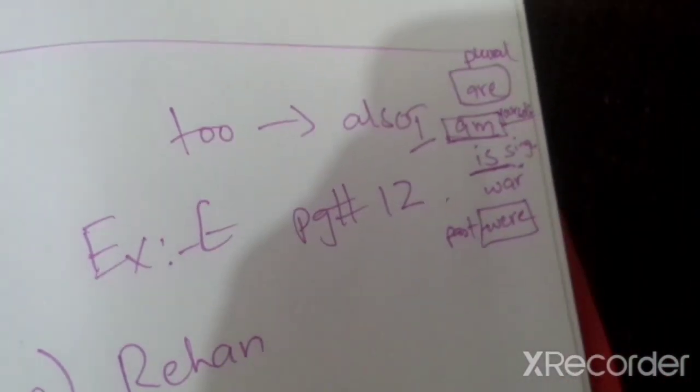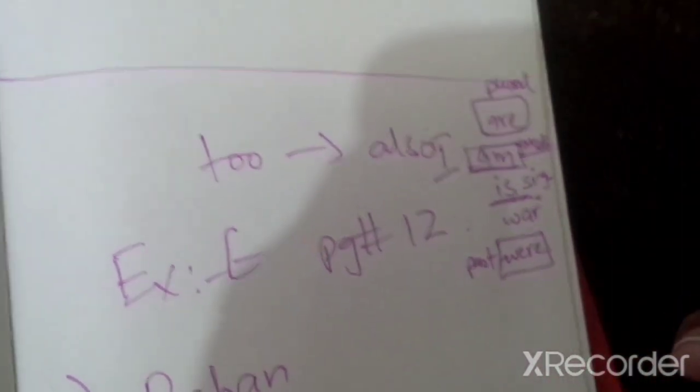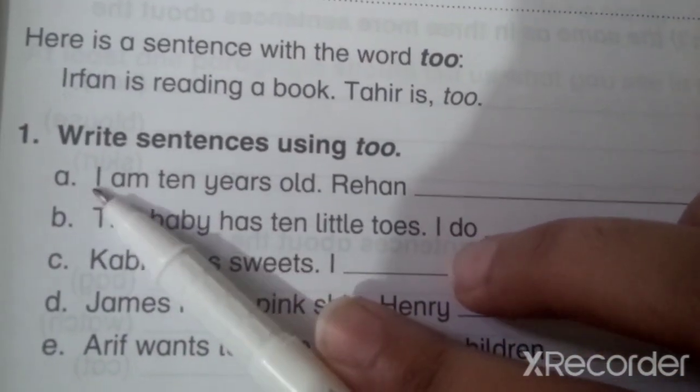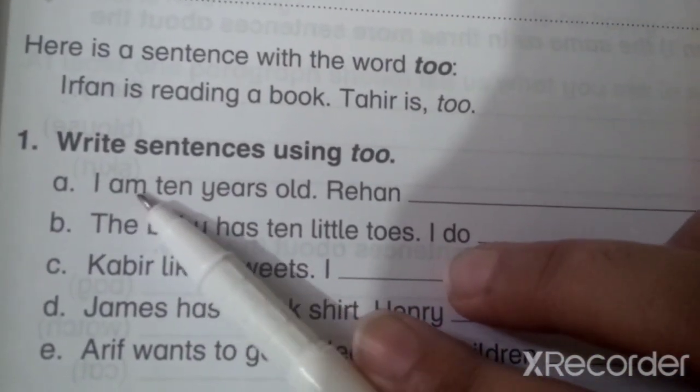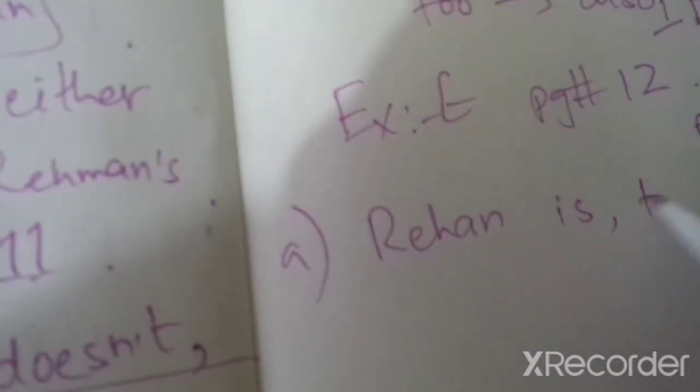A cat is sitting on the chair. The boy is singing a song. So in the first sentence it said I, so that's why we used am, but since they're talking about Rehan, we'll say is. Rehan is, comma, too.